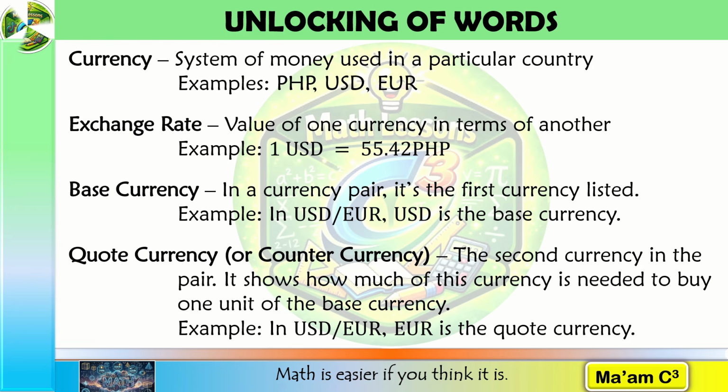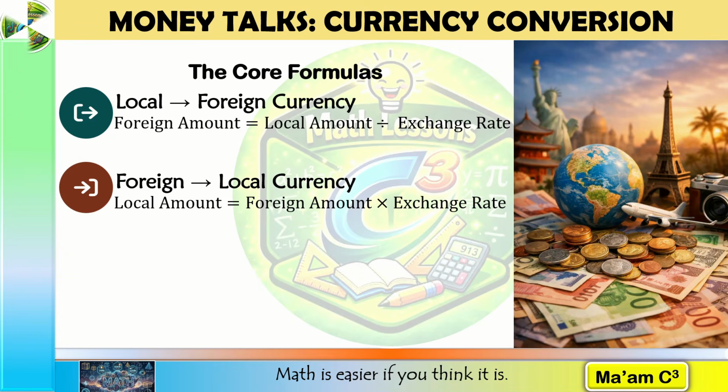So, when you're looking at the exchange rate, always pay attention to the order of the currencies. Understanding which currency is the base currency will help us decide whether we need to multiply or divide when converting. Now that we know the important terms, let's learn the two core formulas that will make our currency conversion much easier.